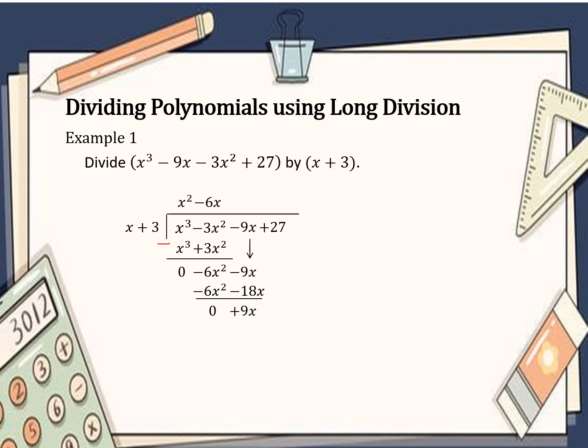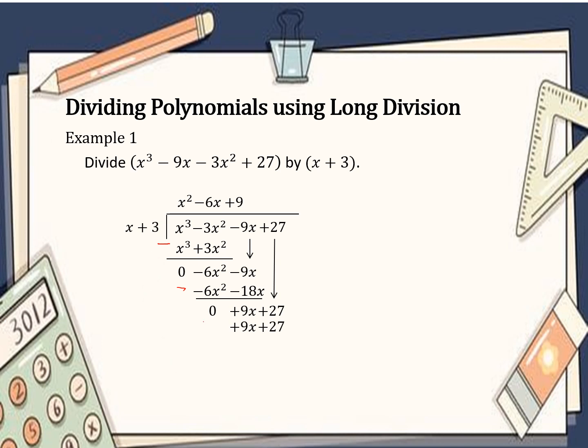Again, the operation we use is subtraction. Next, bring down the next term of the dividend, positive 27. After you bring down, proceed to division again. 9x divided by x is positive 9. Then multiply the quotient you obtained: 9 times x is 9x, and 9 times 3 is 27.